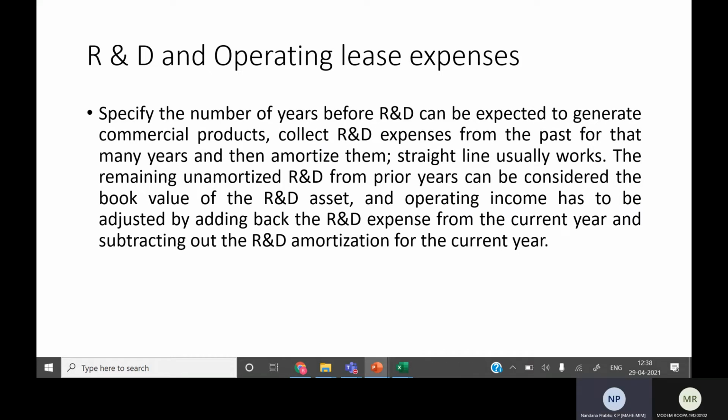The amount that will be added will be the R&D expenses of the current year, and the amount that will be deducted will be the R&D amortization of the current year. Put together, will it increase or will it decrease?